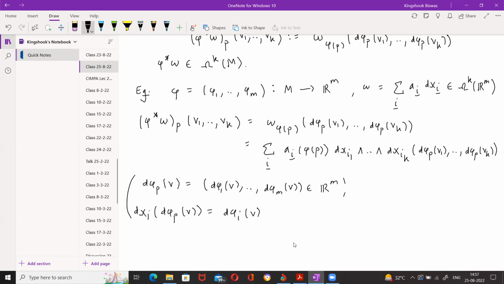So when I calculate this wedge product, what I'll get is basically products of these d phi i's, and then I apply alt to that.